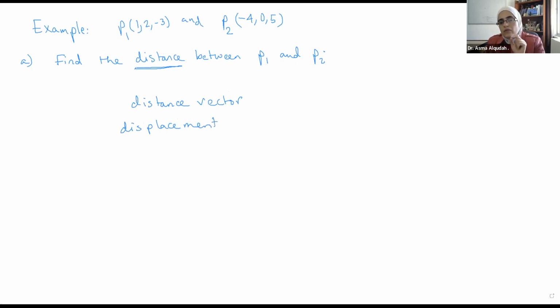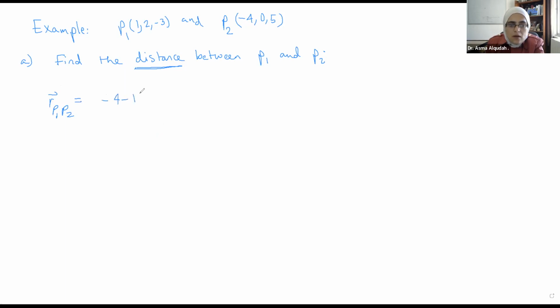But if it is find the distance only, then that means it's the scalar, the magnitude of the distance vector. Okay, so to find the distance, first we need to find the distance vector between P1 and P2, which is equal to what?